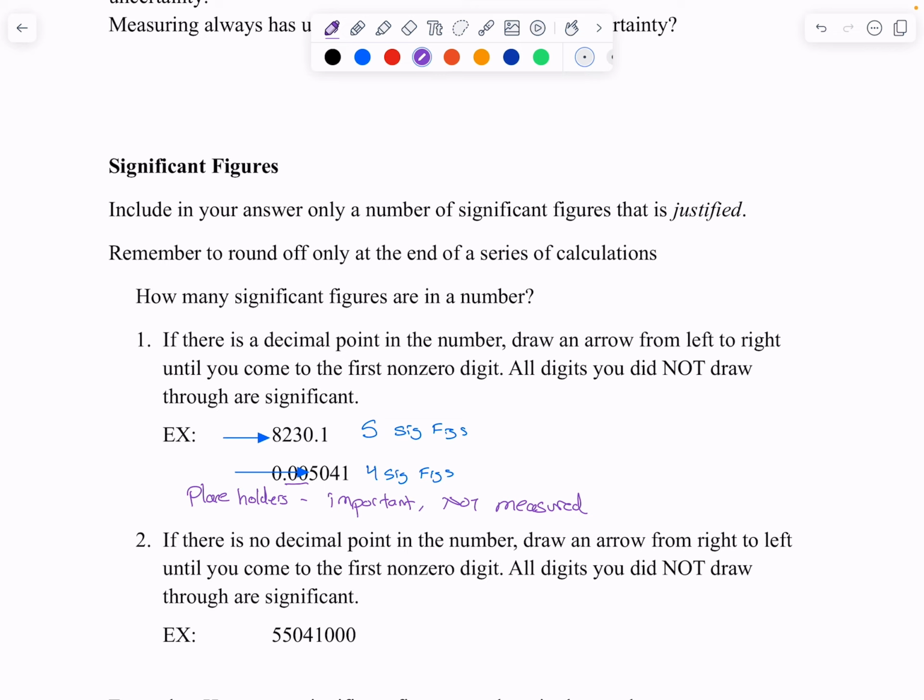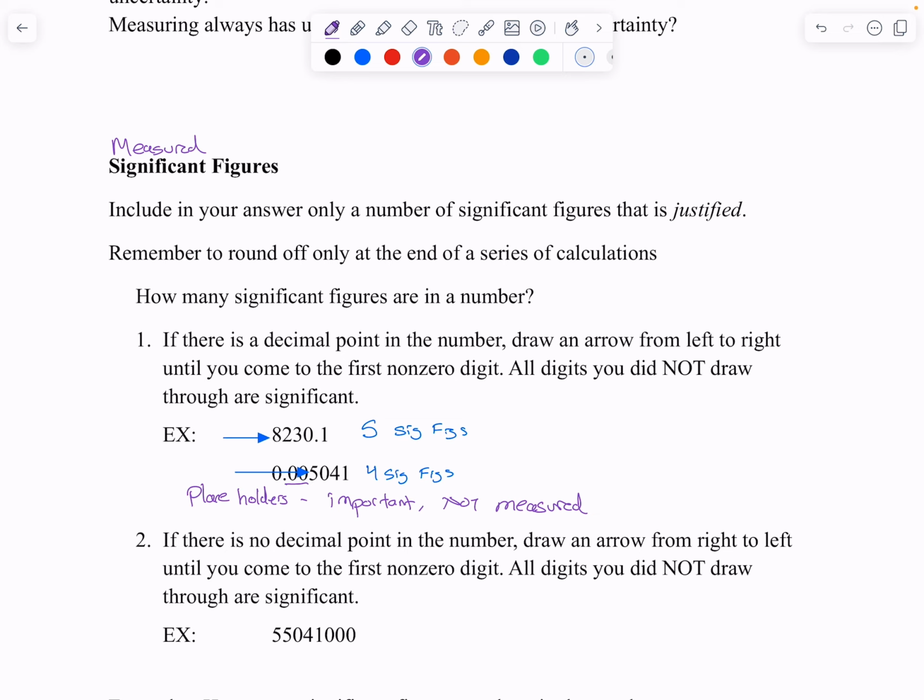So we use the term significant figures. It would be better to use the term measured figures, because you didn't measure anything past the 5 milligrams. You have no number there. You can't use it. So that's what we mean by placeholders. They're important, but they're not measured.